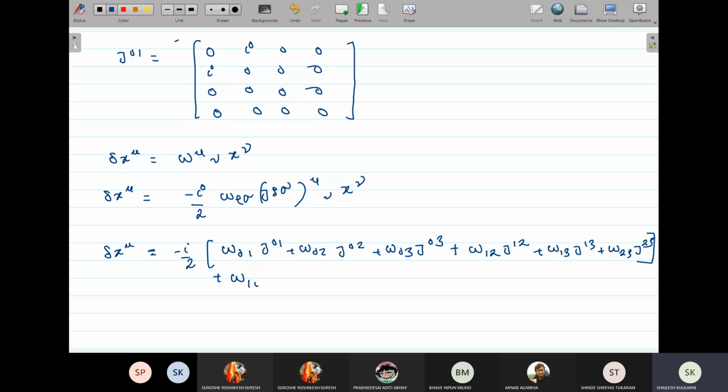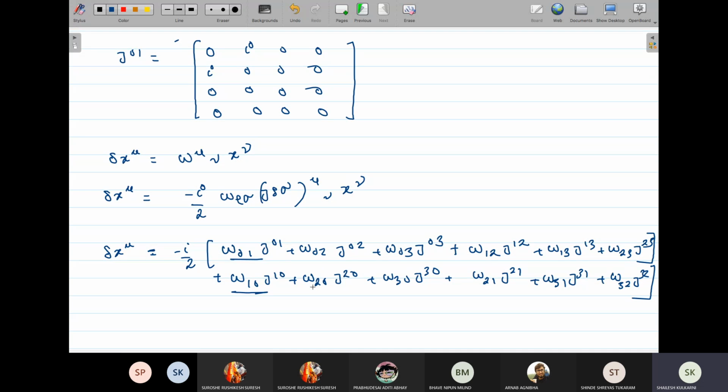So it will be omega 10 j10. Let me write it just to avoid confusion. Okay, and that's it. But this term is the same as this term because I can replace; I will get a minus sign, then I will replace here and get one more minus sign, so resultantly plus.